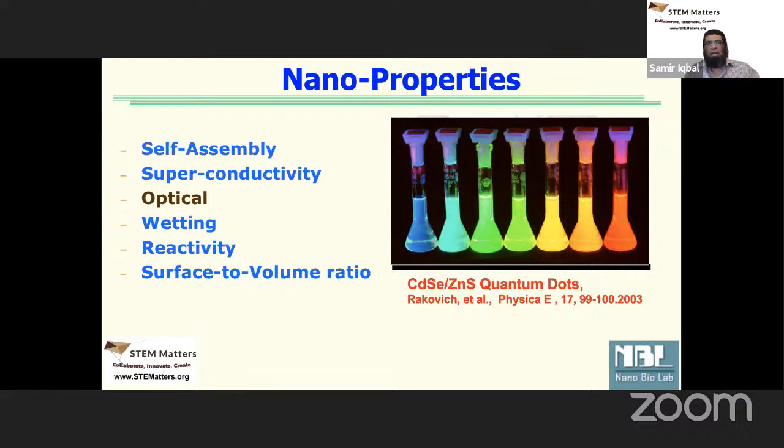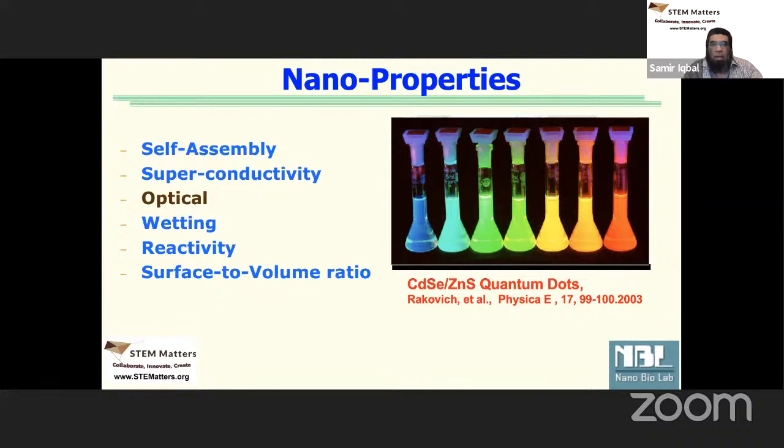We'll not go into band gap at this stage, but crystalline semiconductor materials emit a very specific wavelength. But the same material, if we chop it down into smaller size, by tuning its size at nanoscale, we can make it emit a different wavelength, hence different colors. And those are called quantum dots.